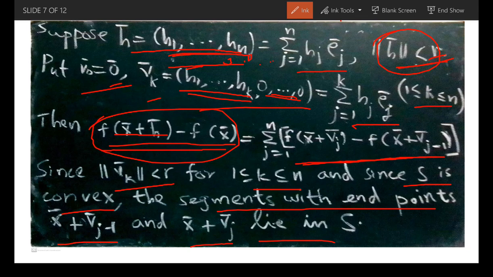So why does x plus Vj minus 1 lie in S? S is a ball centered at x. So how do I show this point lies in that ball? Whenever the distance of this point from that center is less than the radius r. So norm of x plus Vj minus 1 minus the center x. So it is norm of Vj minus 1, which is given to be less than r.